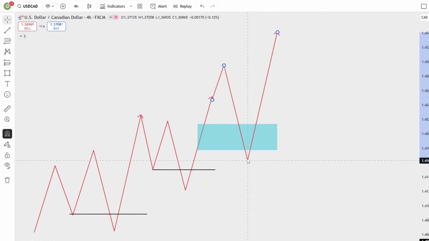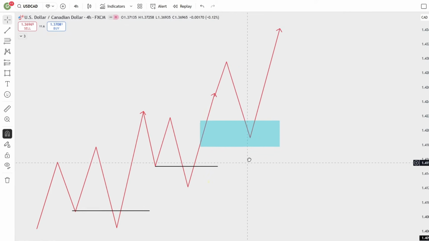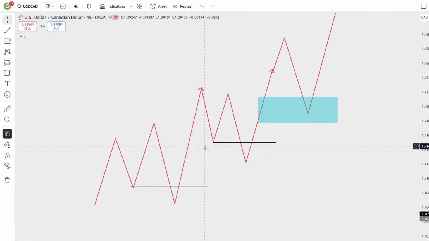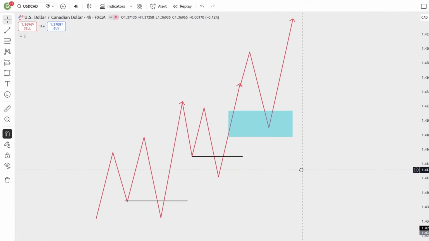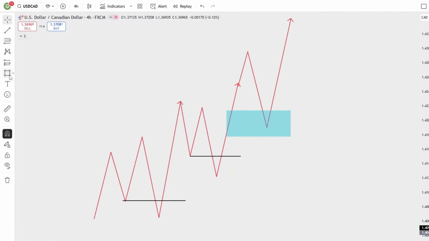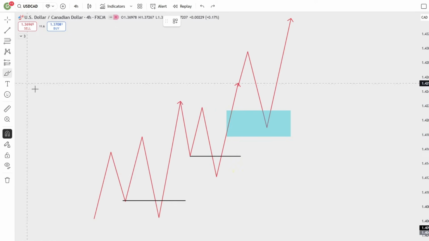So the fair value gaps work for us as internal liquidity, as these internal lows that we have here, right? And the external liquidity is this little guy here. Now let me just draw, it's easier.